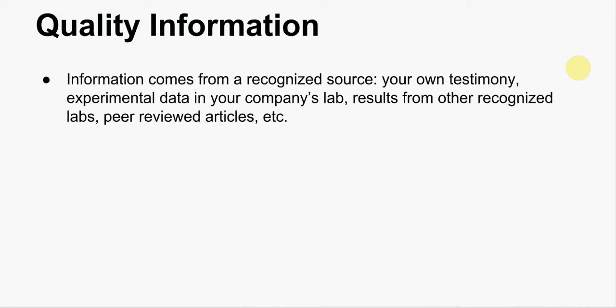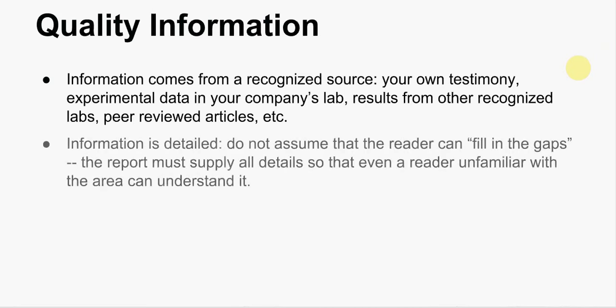Anybody can come onto Wikipedia and put their 2 cents in, so you can't use that as a source for a report. And in general, information could also come from eyewitnesses or from other people telling you things in interviews. Okay, but you have to make sure that you quote those people and that you put it in such a way that the information can be followed up later by someone else and checked to make sure that it's accurate and corresponds to reality.